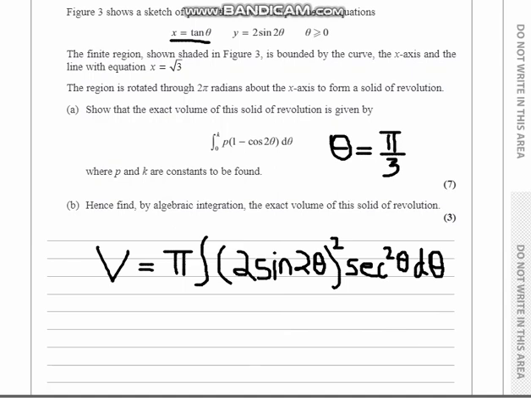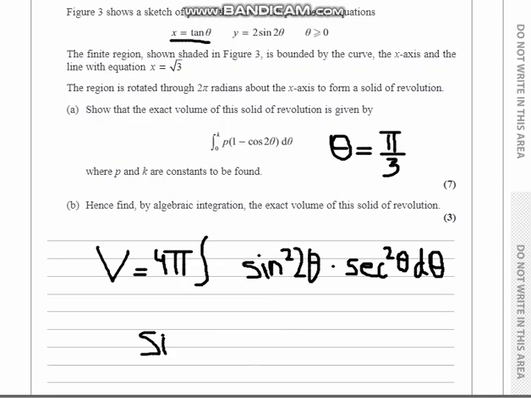Now I'll expand the bracket and square it, and after squaring I get sine square 2 theta. Originally I got 2 square as 4 and I took 4 outside the integral, multiplied with pi. If you remember the identity, sine 2 theta is equal to 2 sine theta cos theta.